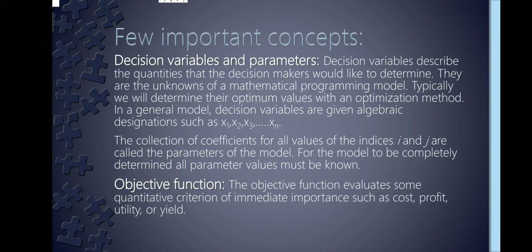We'll be discussing this while solving problems. For now, just get the concept of what decision variables and parameters mean. You will understand when we discuss practical problems in future classes.